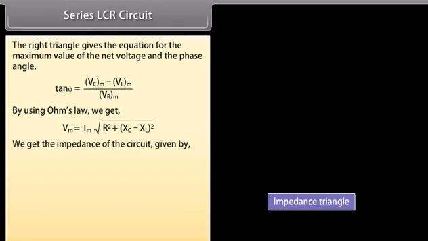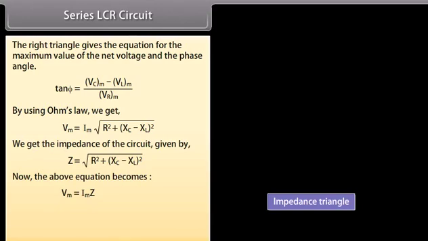We get the impedance of the circuit given by Z equals under root of R square plus (XC minus XL) square. Now, the above equation becomes Vm is equal to the product of Im and Z. We can also write this equation as Im is equal to Vm upon Z, or IRMS is equal to Vrms upon Z.